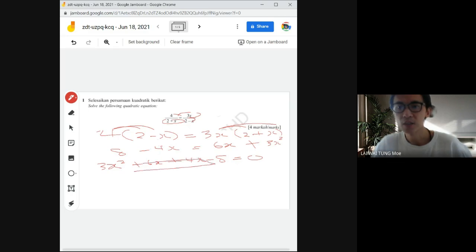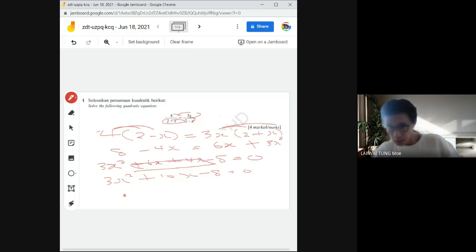So you will get 3x squared plus 10x minus 8 equals to 0. And lastly, you have to make 2 brackets. I hope you know how to factorize.